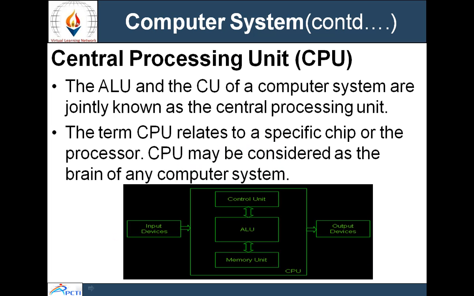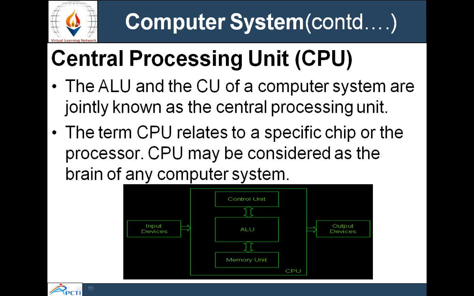Next one is Central Processing Unit. The ALU and the CU of a computer system are jointly known as the Central Processing Unit. The term CPU relates to a specific chip or the processor. CPU may be considered as the brain of any computer system.